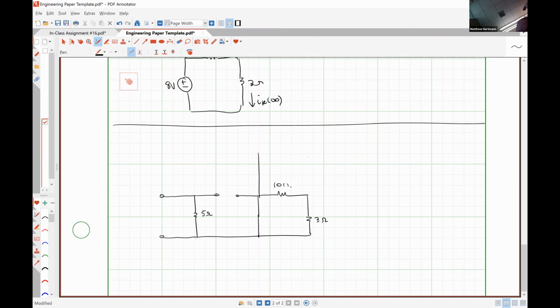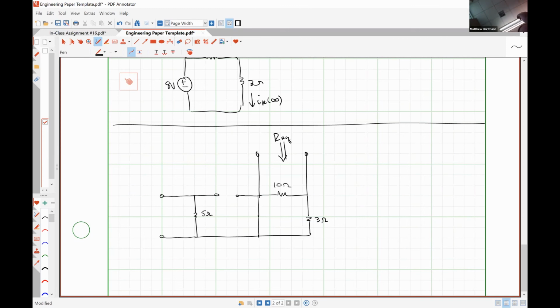And what I'm going to do is look in through the open circuit terminals where my inductor would be placed. So this is the equivalent resistance that I'm looking for: the equivalent resistance seen by the inductance during the transient condition.